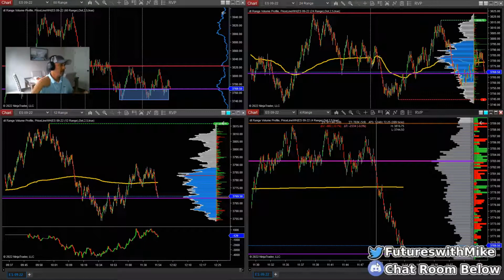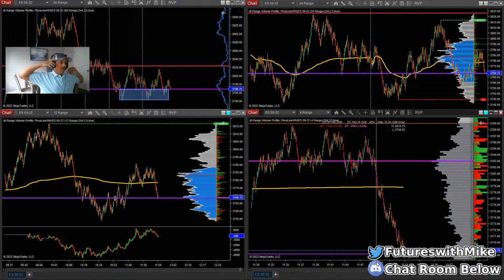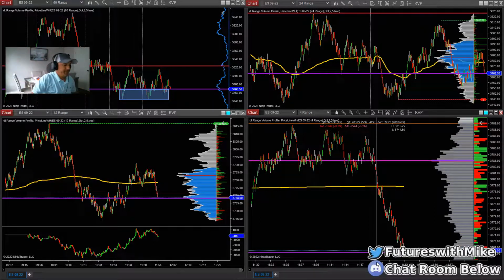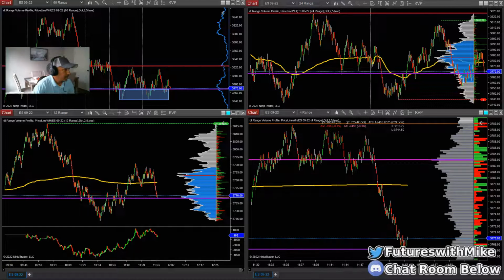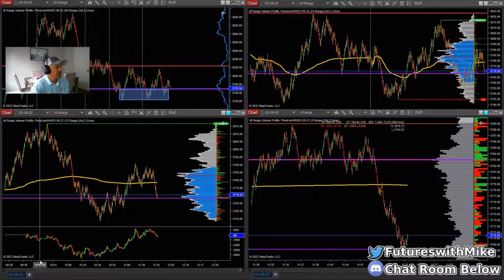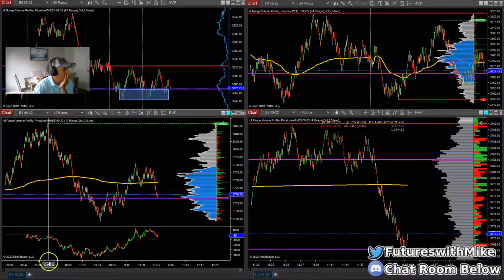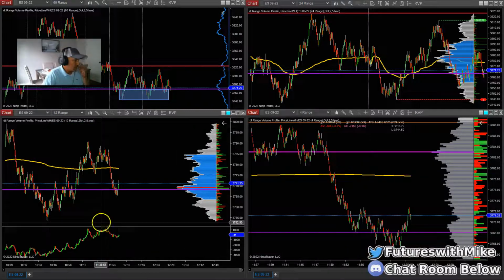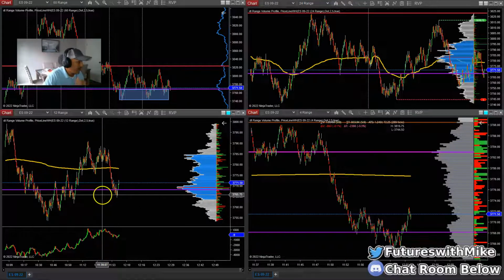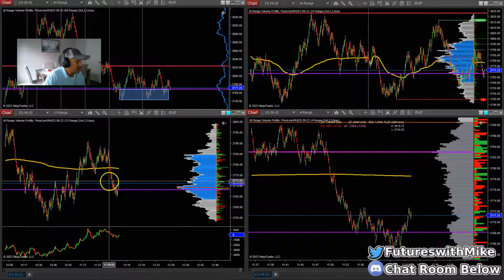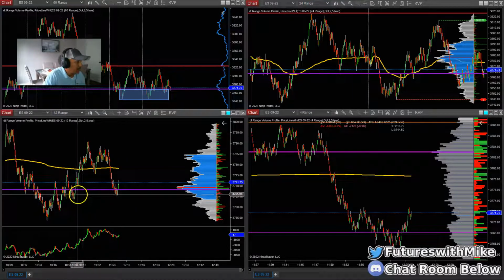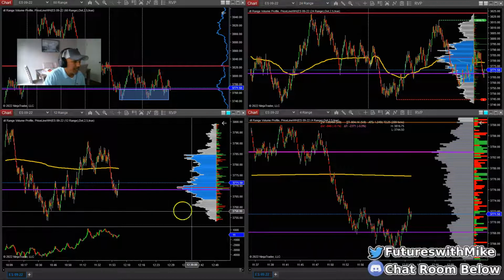Let's see. Seems like it's trying to bounce. Okay. All right. So price has made some structure to the downside, a little swing, making lower lows, lower highs. But it's bumping up against this area here, rejecting it.